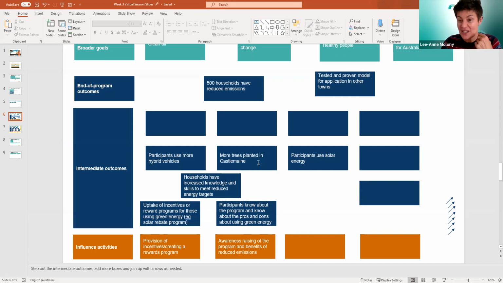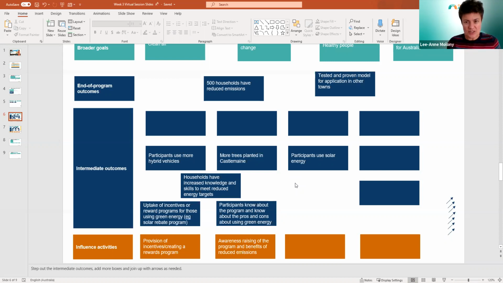Okay, so as you can see, as we've gone through this, there's lots of different levers we could pull in terms of being able to reduce emissions across 500 households. And of course, as part of the context of the program, we need to know what we could afford, and also what's likely to endure, what's likely to be sustainable.